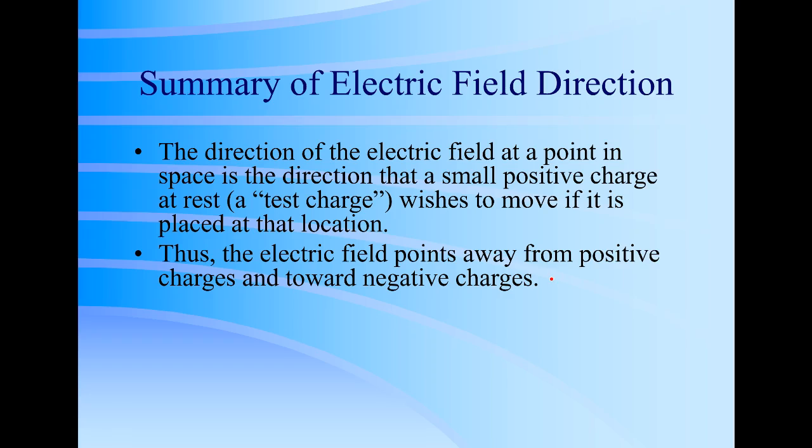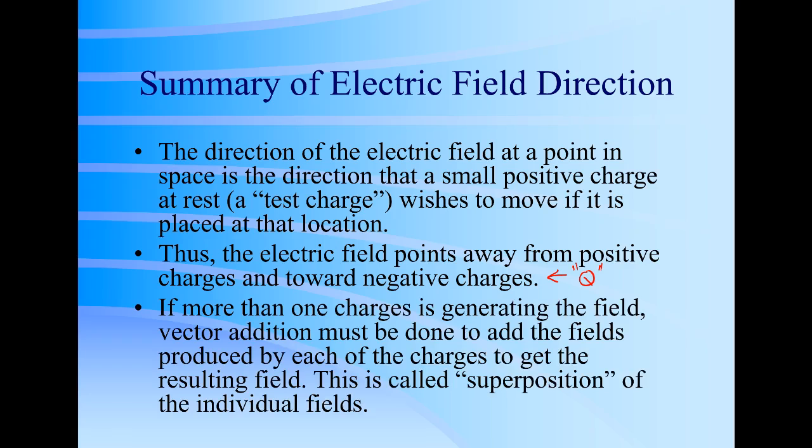So these are the big Q's that are making the field, not the test charges that you're placing in it. If you have more than one charge making a field, you do the same thing that we did last time, where you do superposition. You calculate each of the electric fields separately, and then you add them up using vector math.